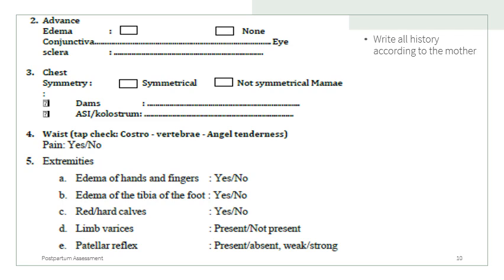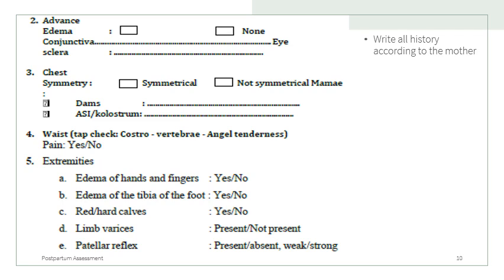How's the chest, is it symmetrical or not symmetrical, is there any breast problem like, not mastitis, but a blocked duct that you can feel, and whether there is any breast milk coming out, colostrum coming out. Because we are going to initiate breastfeeding to the mother, we check that on her chest, as well as we check her waist.